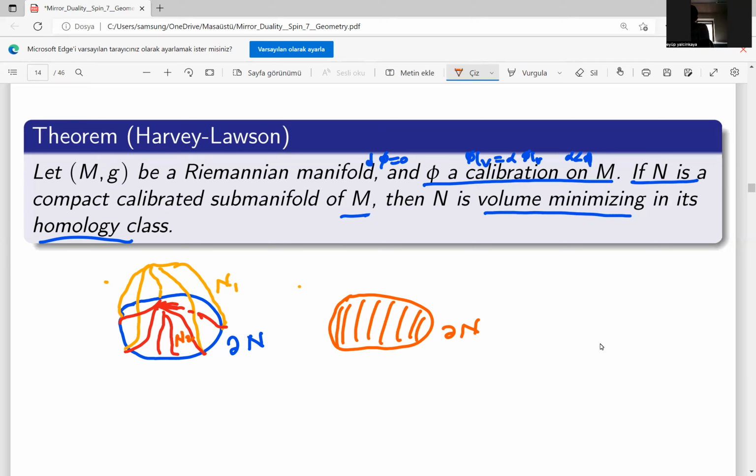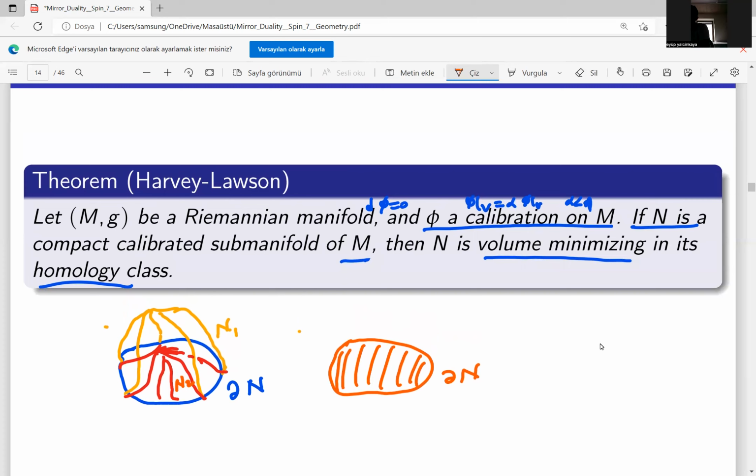Your theorem says that if you have a calibration and N is your calibrated submanifold, calibrated submanifold means you have phi restricted to N, you calculate on N, and it will give us 1. So this N is just the smallest one. Okay, there are lots of different N for these, like a bubble.